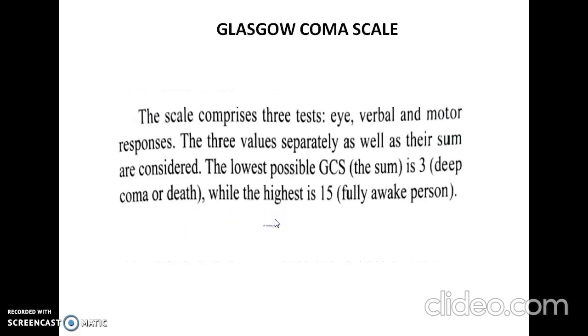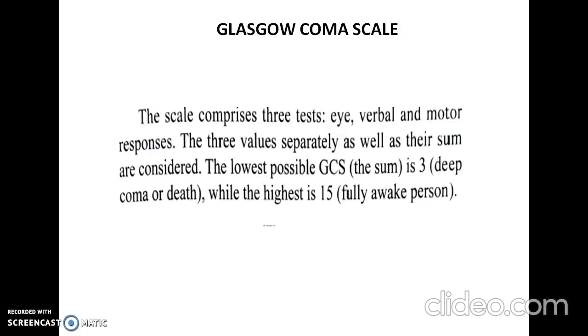Let us see about the Glasgow coma scale. This scale comprises 3 tests, which include observation of eye, verbal and motor responses of a person. These 3 parameters will be assessed and various ratings will be provided.